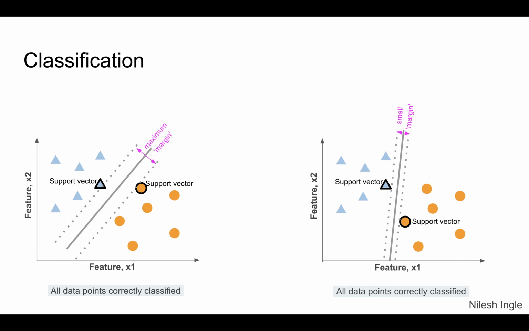On the right hand side, we have a small margin where the line is still able to separate the two classes, but the margin is small, and this is not desirable. So what we are always aiming for in classification tasks such as this one is to find a maximum margin of separation between the two classes.